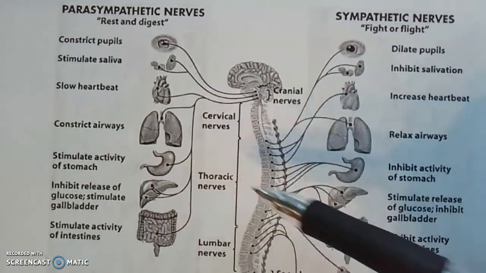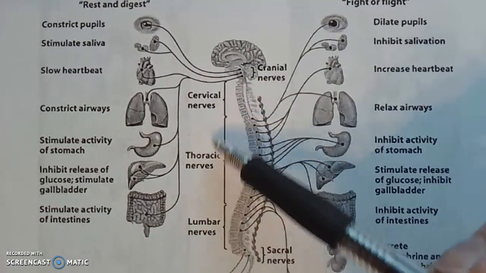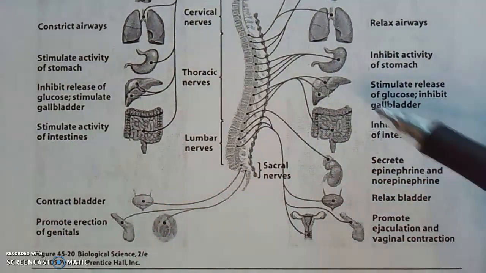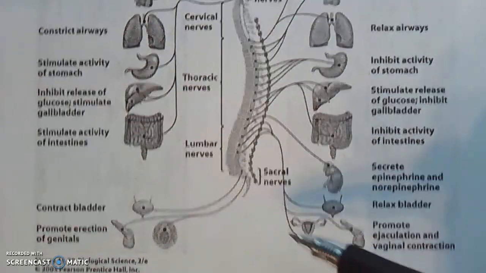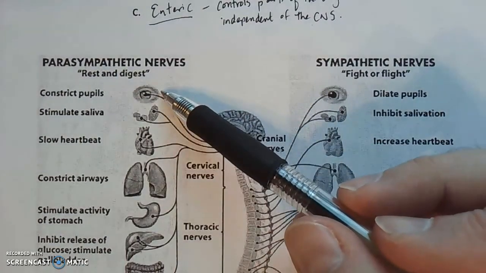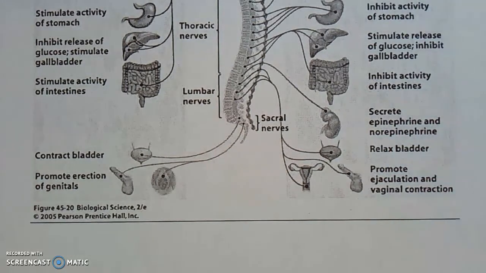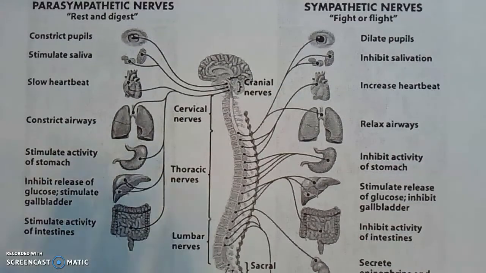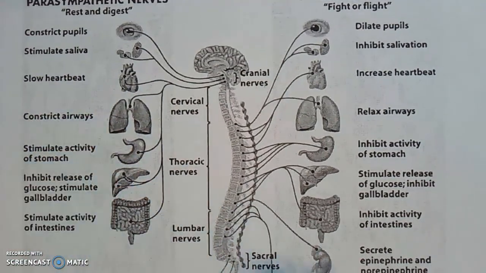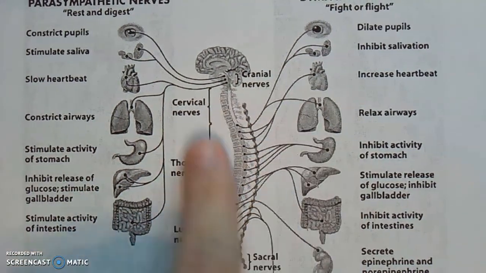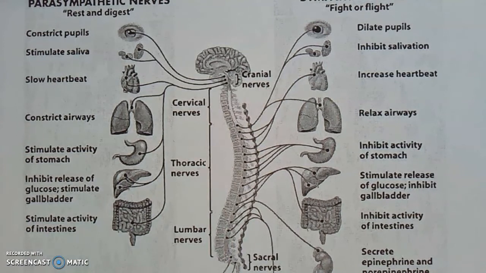So we can see that different cranial nerves, cervical, thoracic, lumbar, the spinal nerves, the sacral nerves, they all go to different parts of the body, both with everyday functions and also sexual activity. So we end up with these different nerve functions and pathways to different organs and glands.